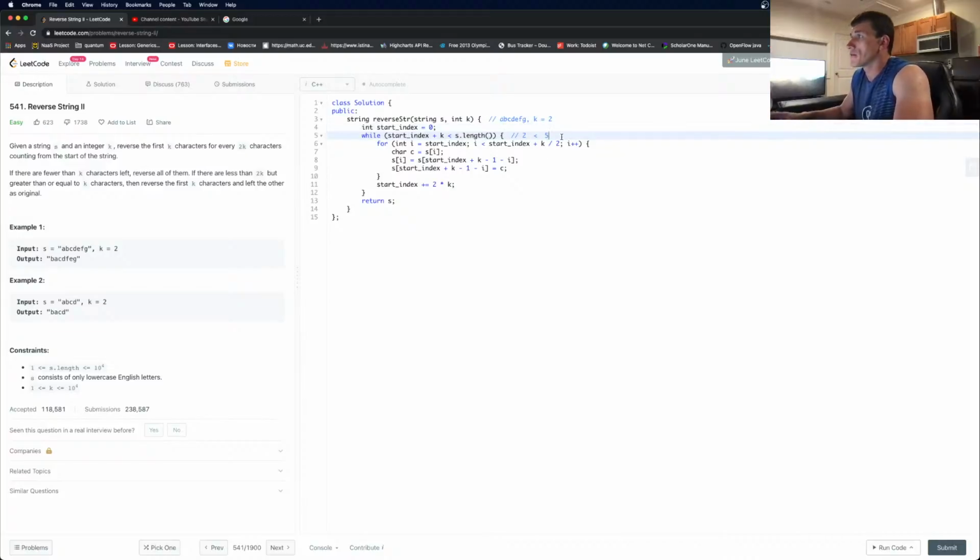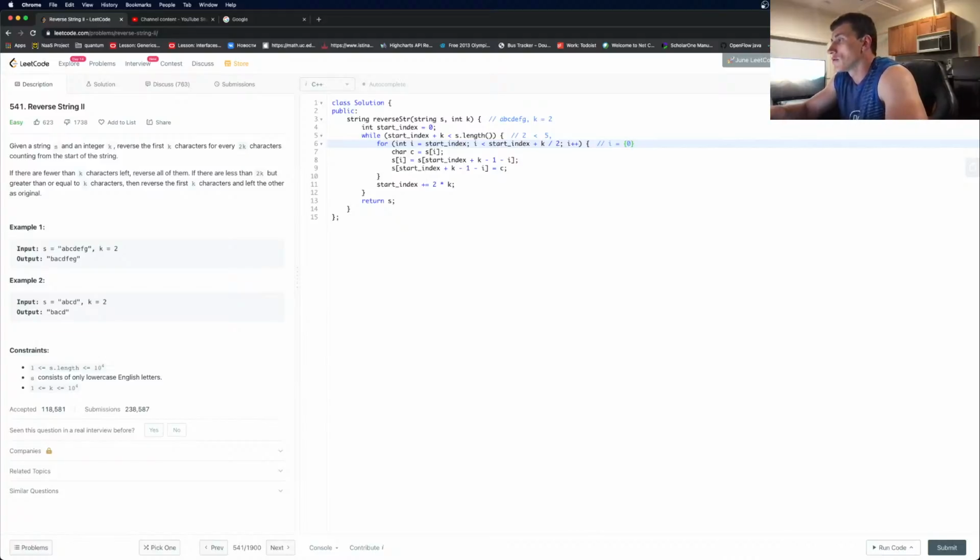This is the first time we enter here. So start index, i will be in the range from 0 to k divided by 2, which is 1. So from 0 to 1, basically, that's the i.